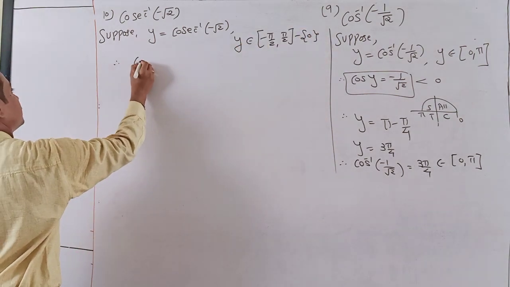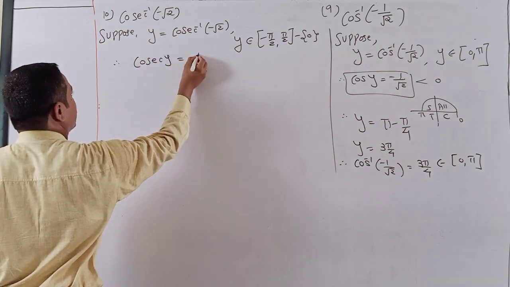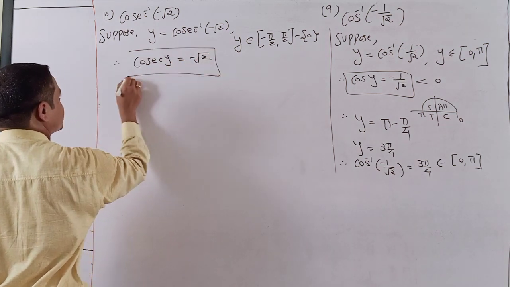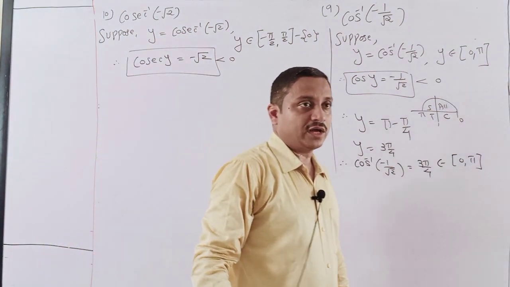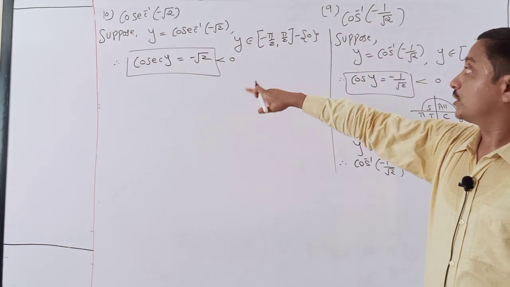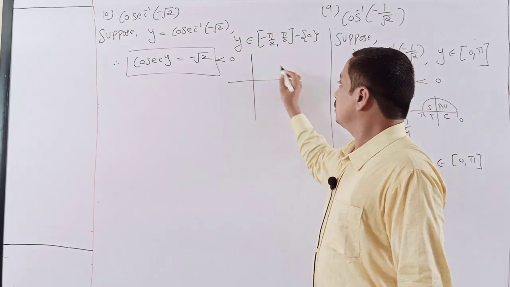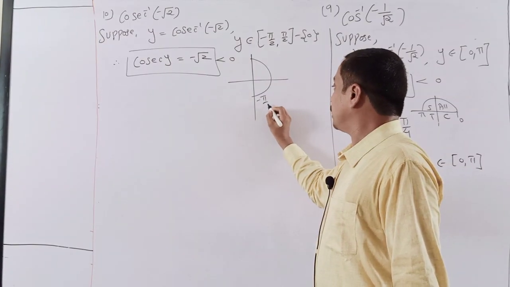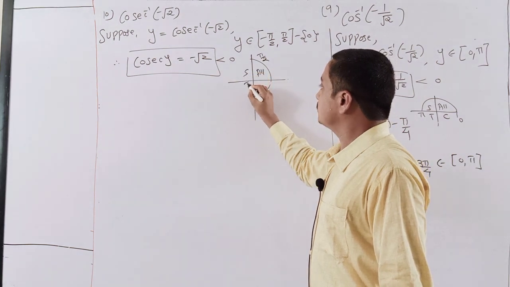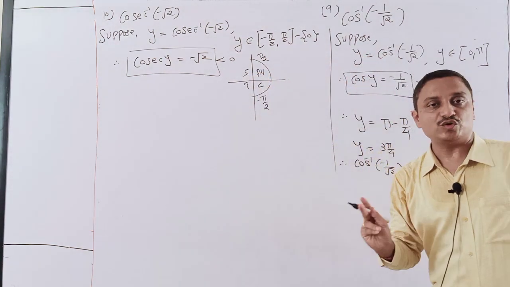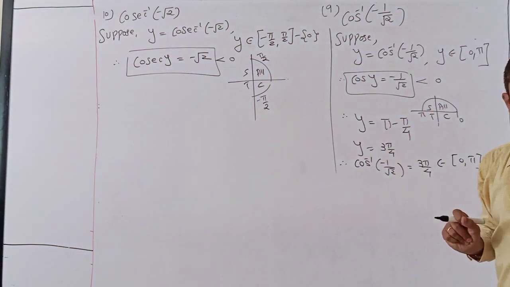So finally done. Cosec y is equal to minus root 2, and here, students, you check it is negative. So where is cosec negative in this interval? My interval is minus 90 to 90, all STC wise, first quadrant or fourth quadrant?